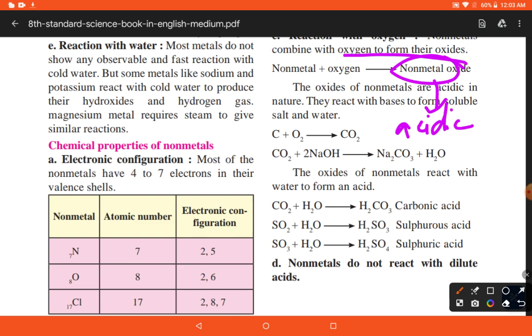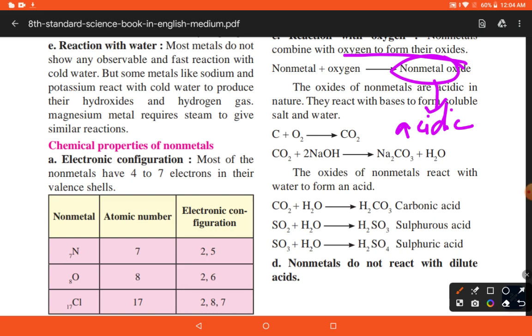Now when these non-metallic oxides react with water, they form acids. Similarly, if I make metallic oxides react with water, mostly they will form bases.